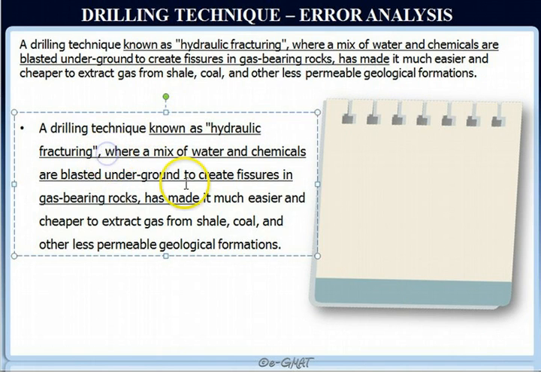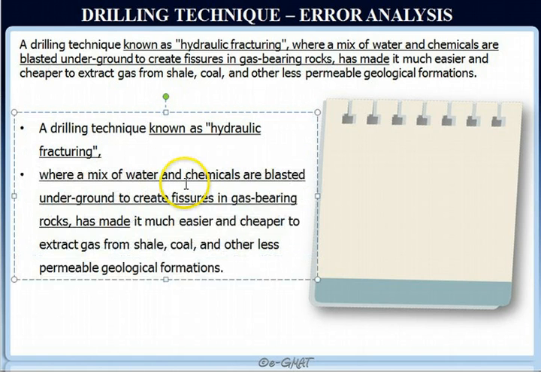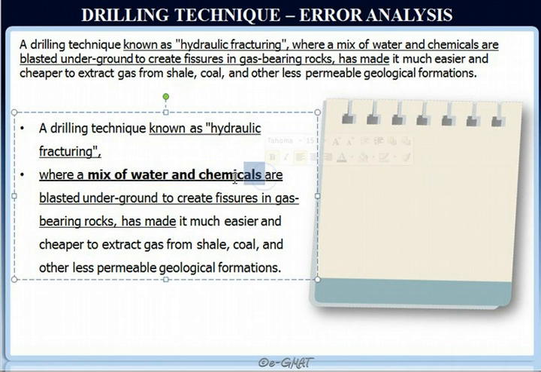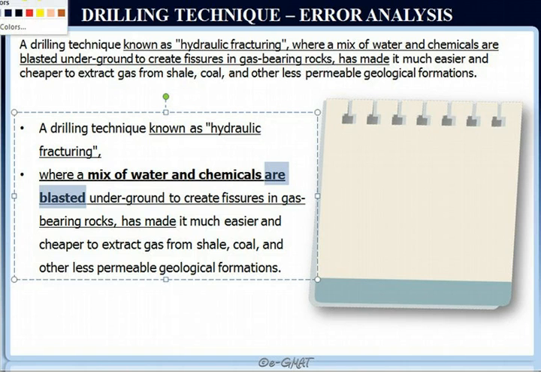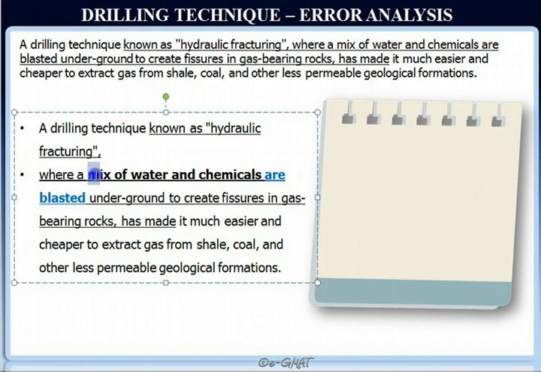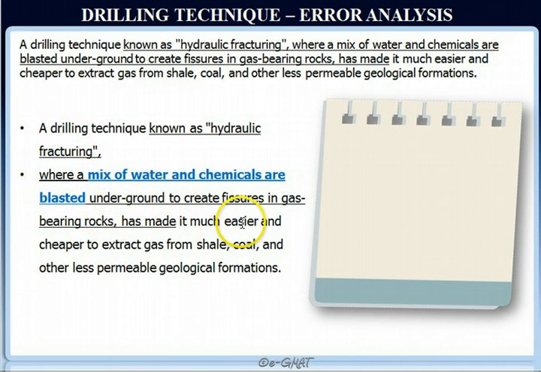And then you see the word where, which means there is another clause here, where a mix of water and chemicals are blasted. So a mix of water and chemicals is our subject here. Are blasted is the verb here. So let's just color them differently.